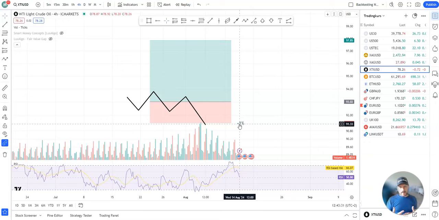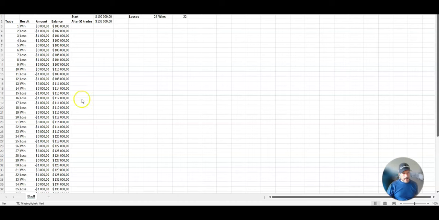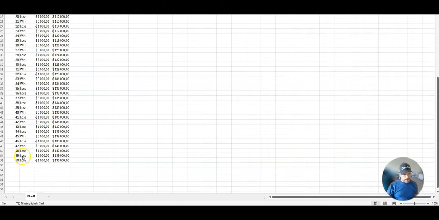If we take this into consideration and take a look at 50 trades with this strategy, let's see what can happen. Okay, so in this example, I have done 50 trades. I have randomly chosen some wins and some losses.